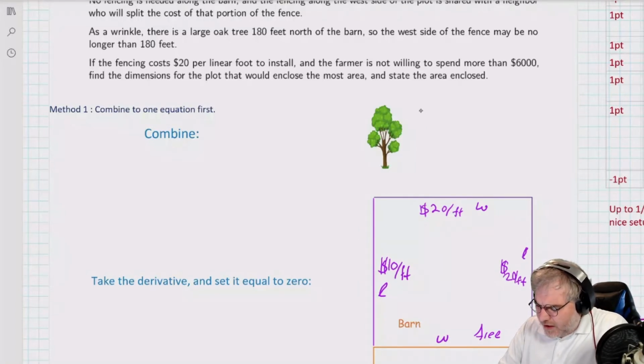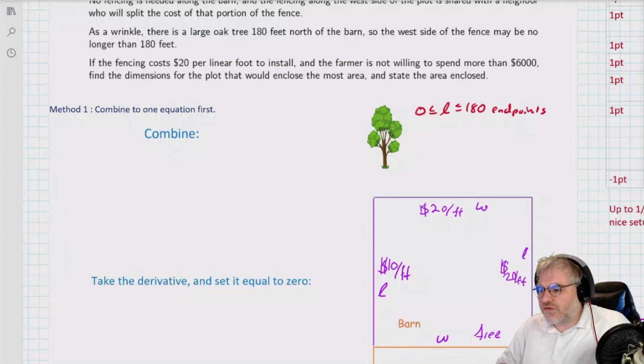So this is going to be some function of L, and the endpoints are going to be 0 less than or equal to L less than or equal to 180. Okay, so 1 to 5, how do we feel about the drawing and the interpretation of what's going on?